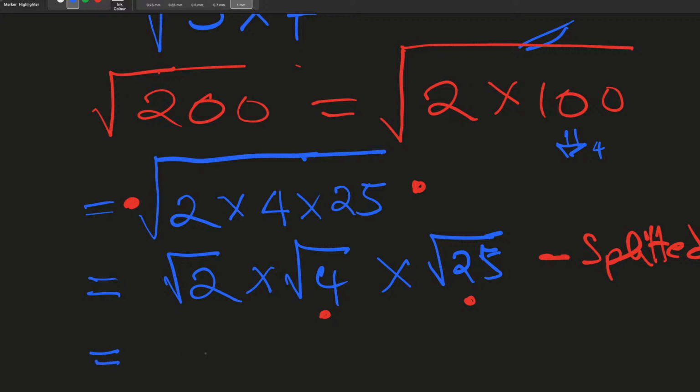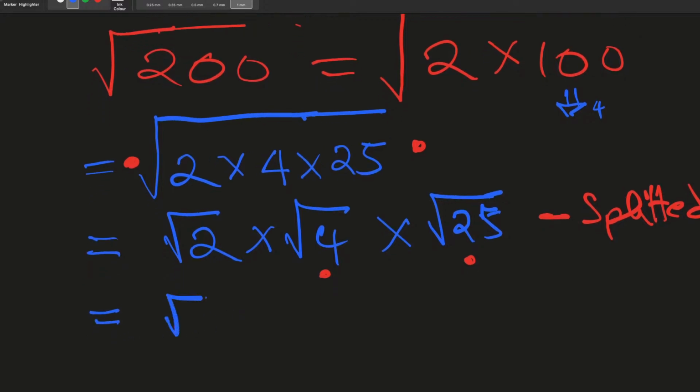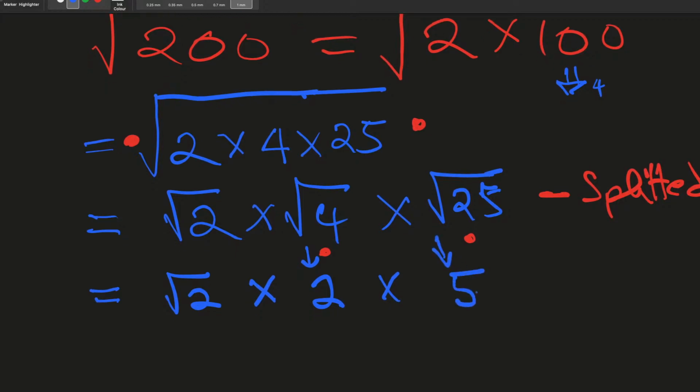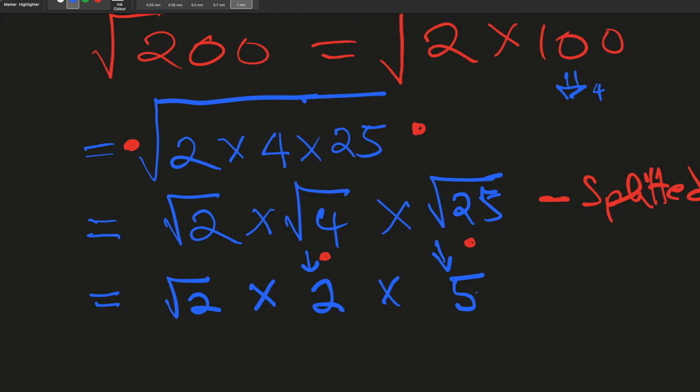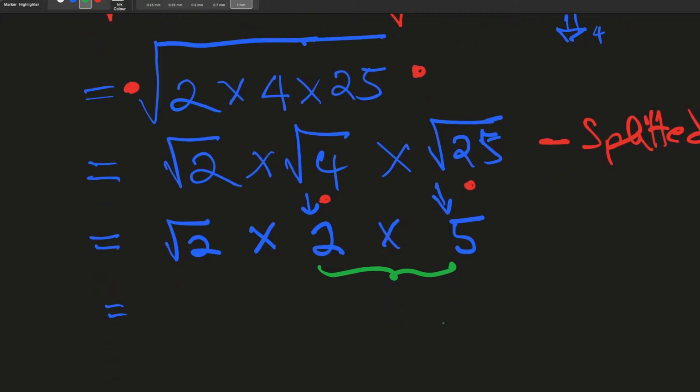So this will be root 2 multiplying 2, multiplying 5. 2 times 5 gives us 10.